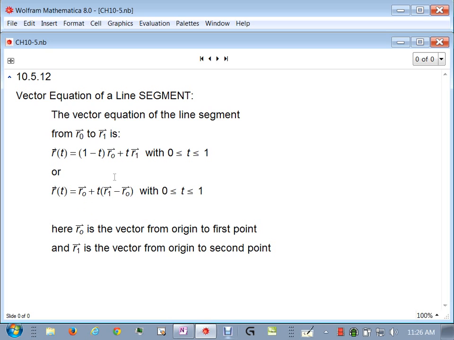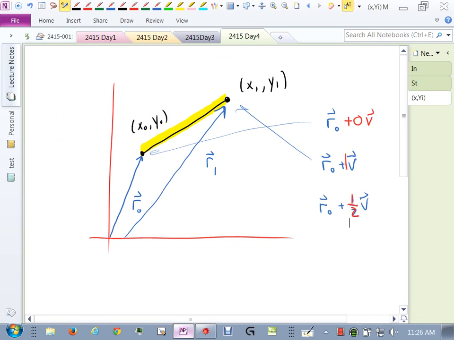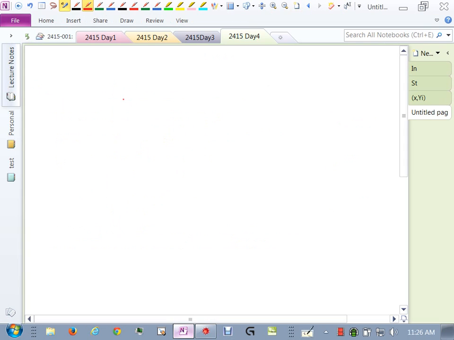So take this and modify the formula: R of t equals R0 plus tV, but t is between 0 and 1. That will always work, okay? That will always draw the segment between the two.